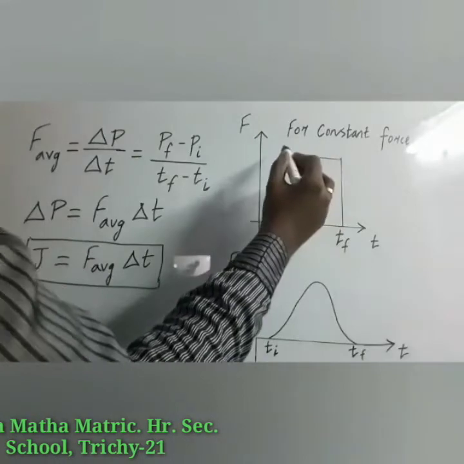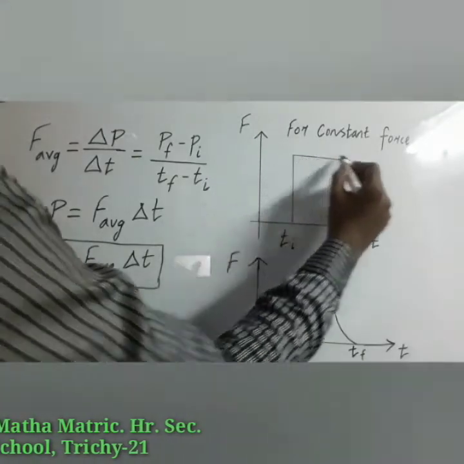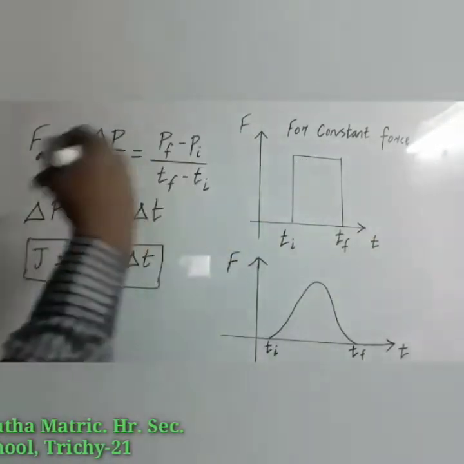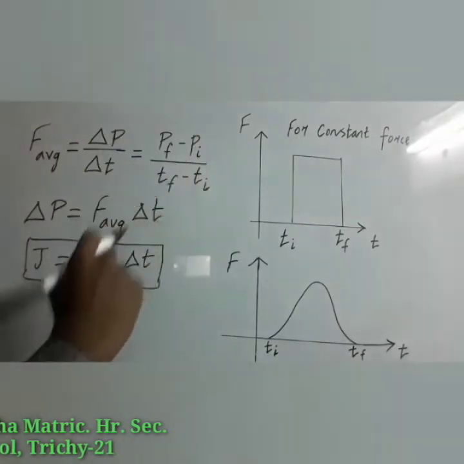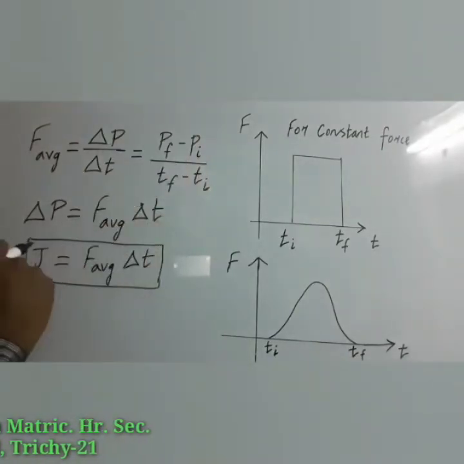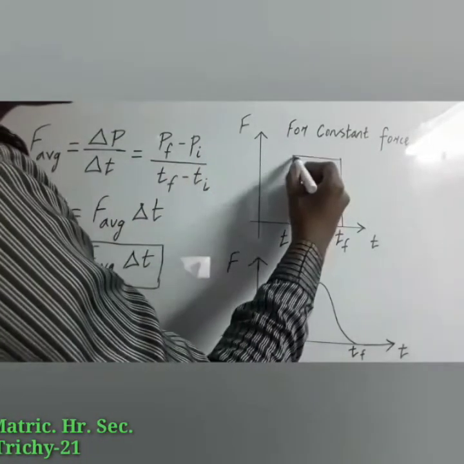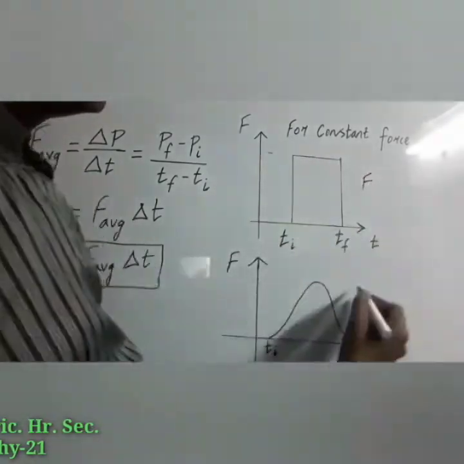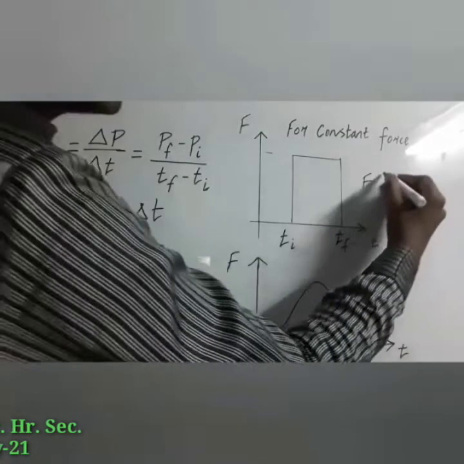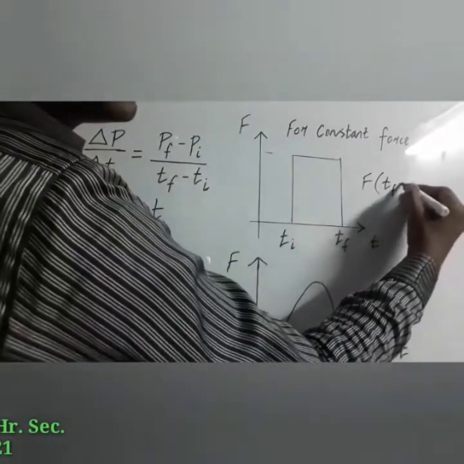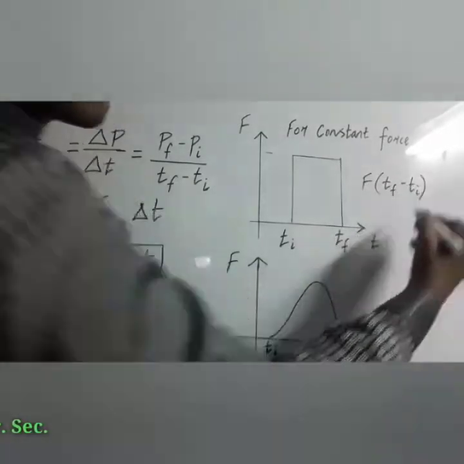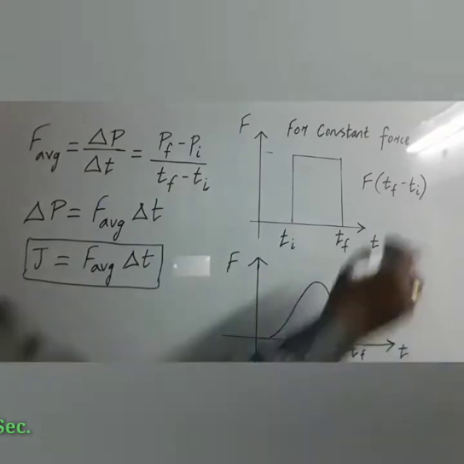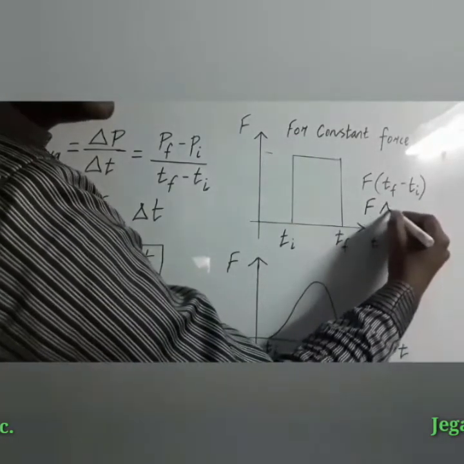Here is a graph for the constant force. Then how can you find the impulse? What is the formula for impulse? Force into time interval. Here it is a constant force, F value into Tf minus Ti, which is written shortly as F into del t.